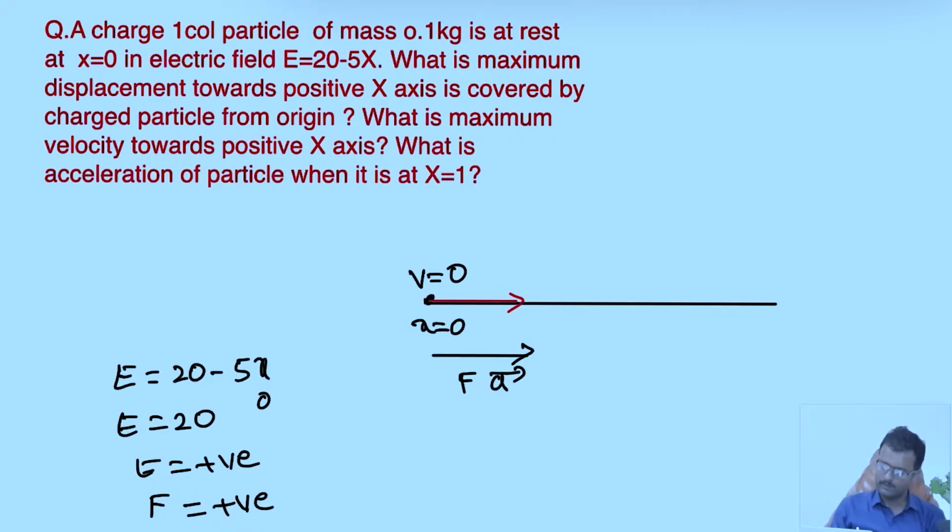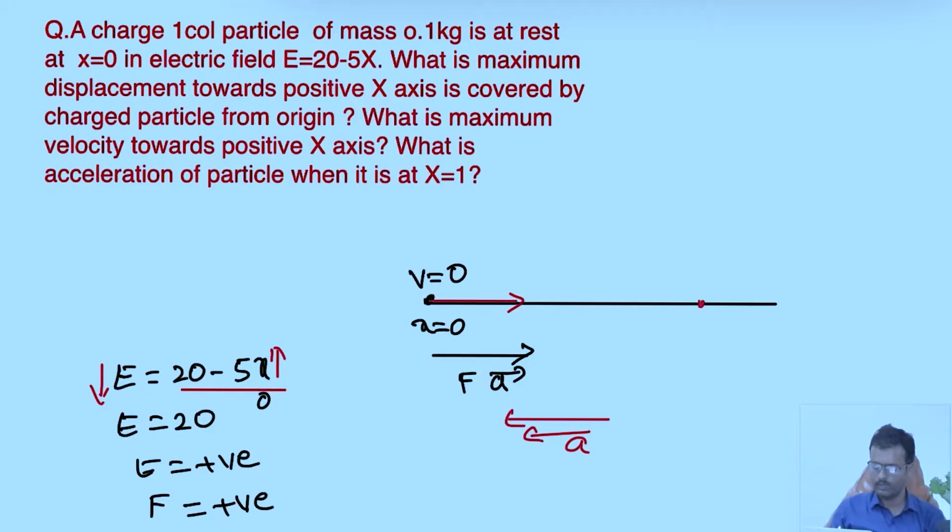See, observe this function. When x is increasing, the minus value is also increasing, so E becomes decreasing, and somewhere it becomes negative. When the electric field is negative, that means force is along this direction, so acceleration is also along this direction, hence its velocity is decreasing.